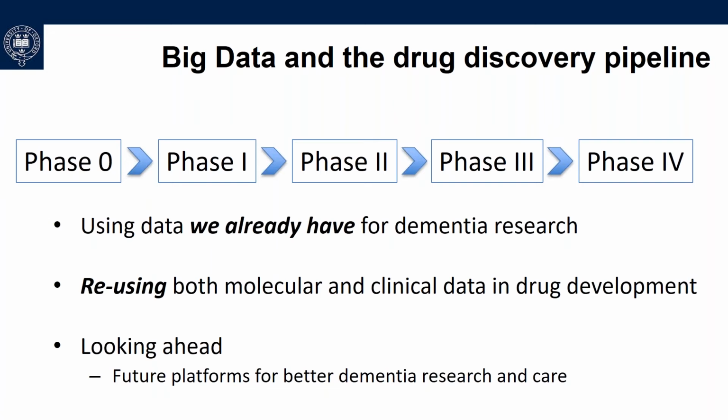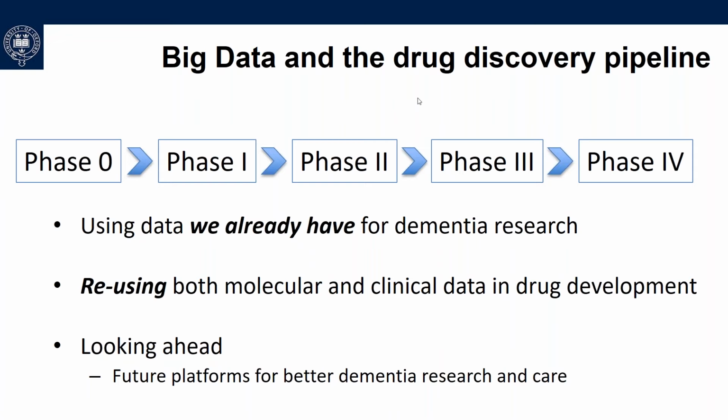So I'm going to talk a little bit about how we can use big data. And in particular, I'm going to talk about how we can use data that we already have. I'm going to start by describing some platforms that enable us to use data that we already have for these studies from phase 0 to phase 4, very pertinent to EPAD, which was constructed in a way that it was itself going to be facilitated by the platforms I'm going to describe.